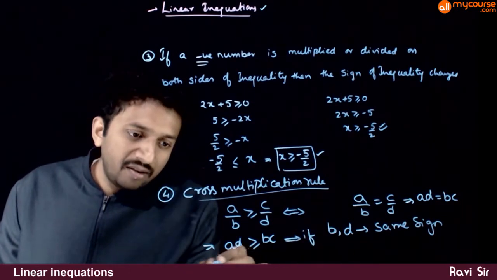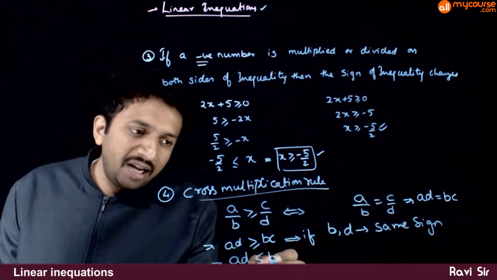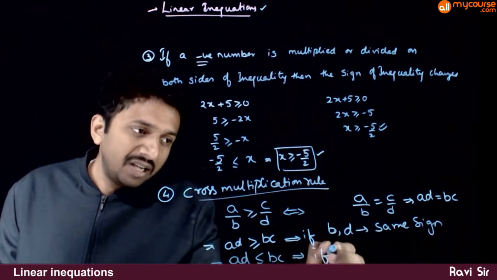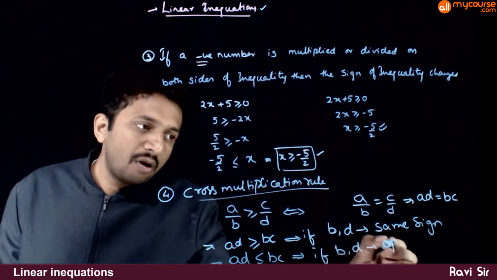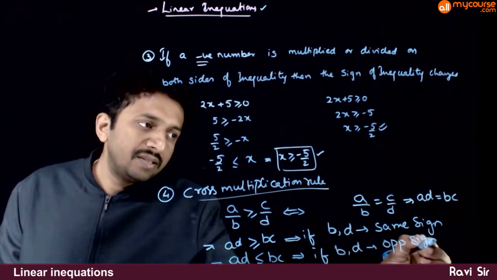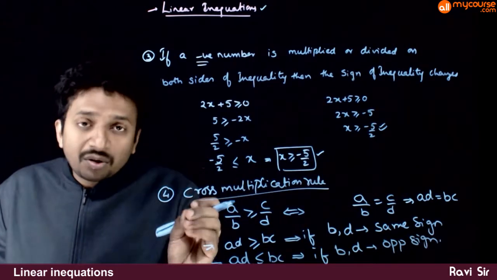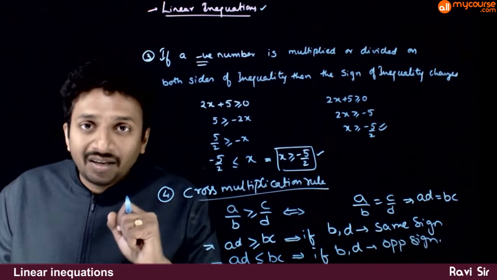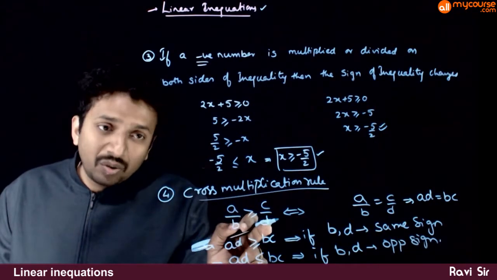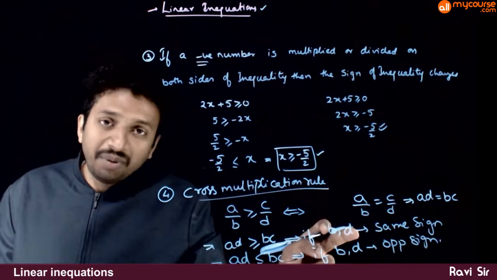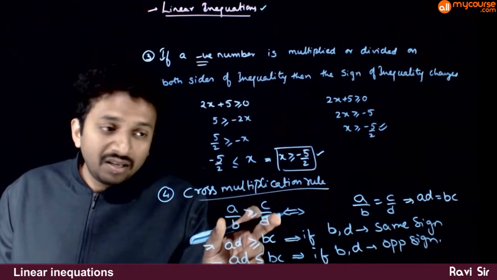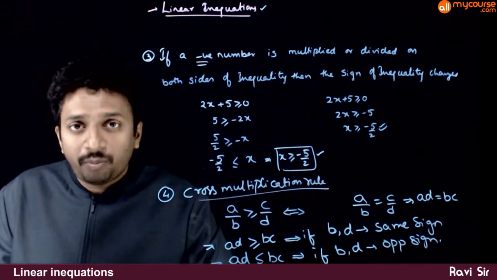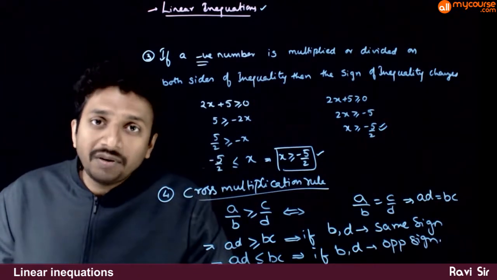And AD is less than or equal to BC, that is, the sign reverses, if B, D are of opposite sign. So this is called the cross multiplication rule. If you cross multiply with inequalities, direct cross multiplication can be done if both the denominators B and D are of the same sign. You have to change the sign of the inequality if B and D are of the opposite sign. So these are the four rules of inequalities.